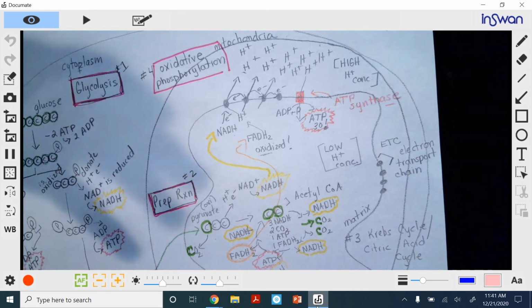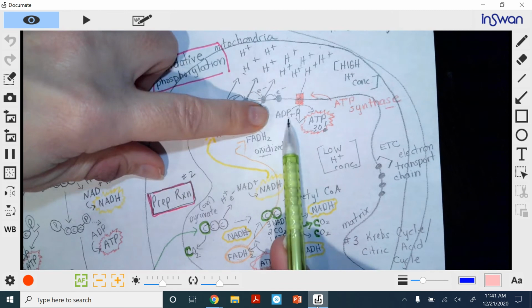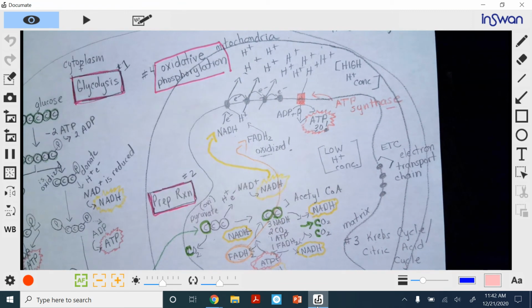They're available to be put together, but they can't come together on their own. So there's millions of ADPs and phosphates floating around in the cell at all times. There's also a million of them together as ATP in the cell at all times. Good question. Okay.